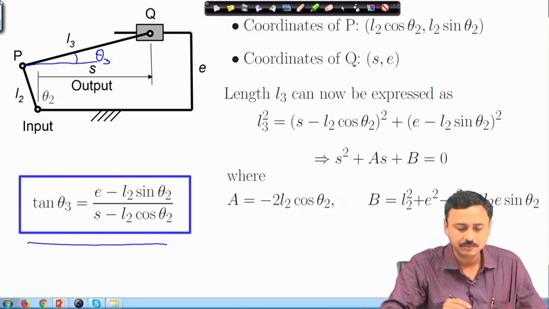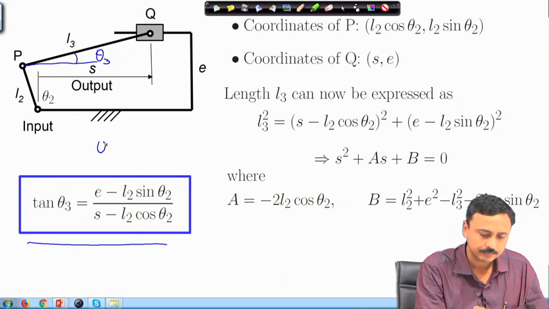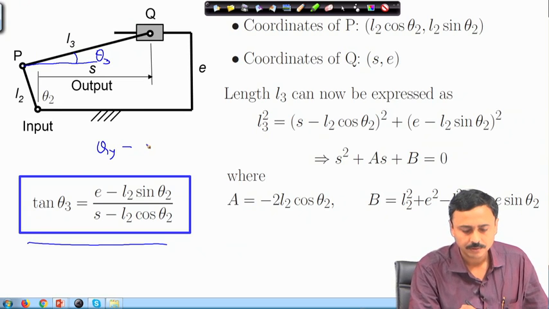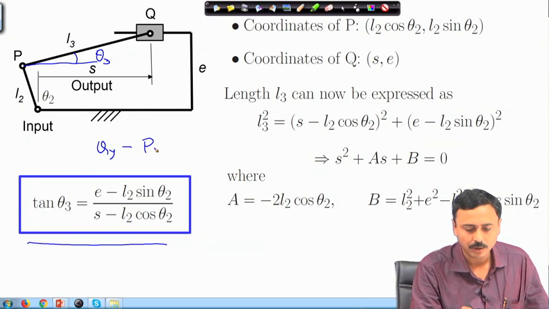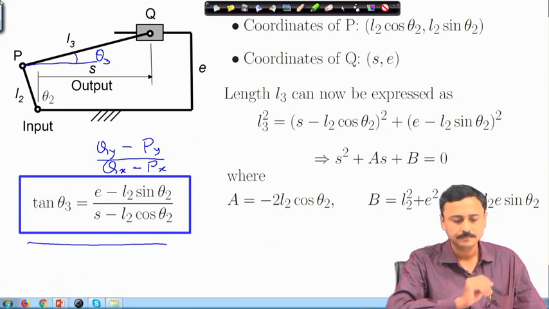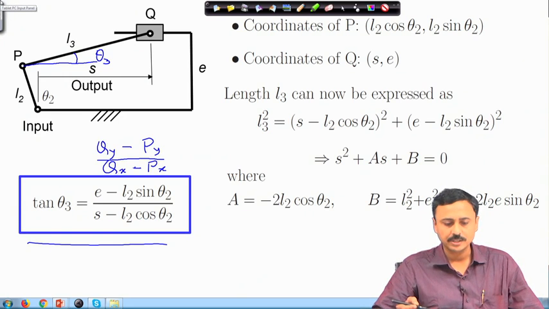So, tan theta 3 will be Qy minus Py by Qx minus Px, and you will get this expression.